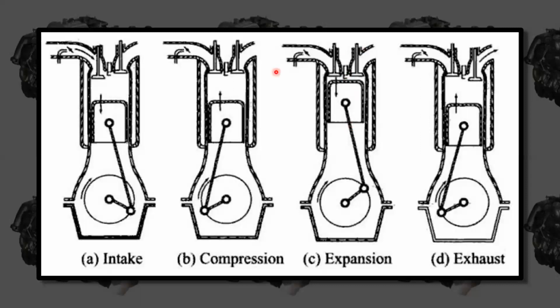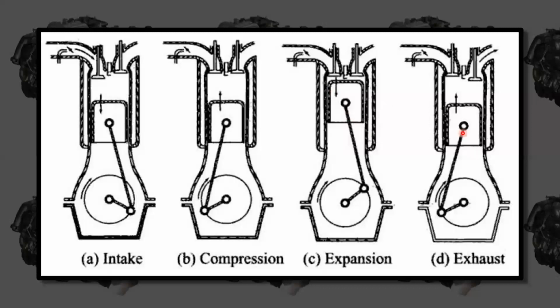The only difference between these two is that in the compression process, the piston is going to move from bottom dead center to top dead center, and in the expansion process, the piston will move from top dead center to bottom dead center. That is the main procedure that happens within the expansion.